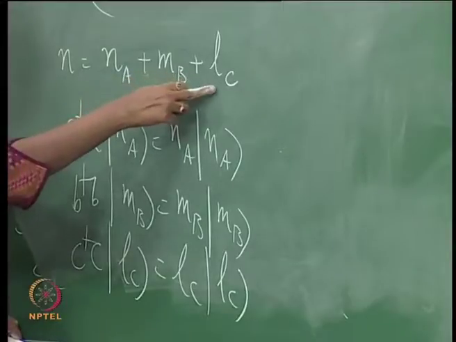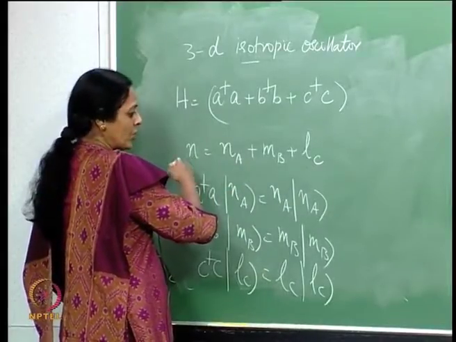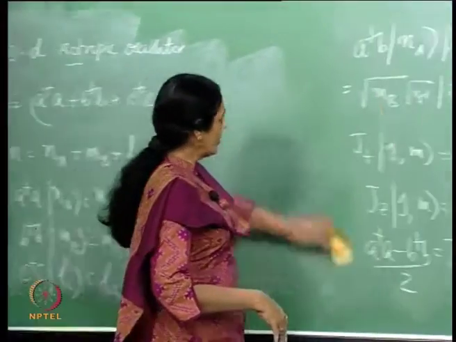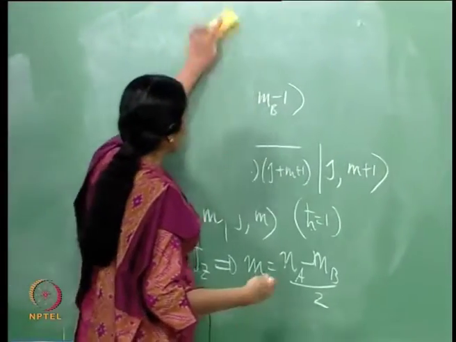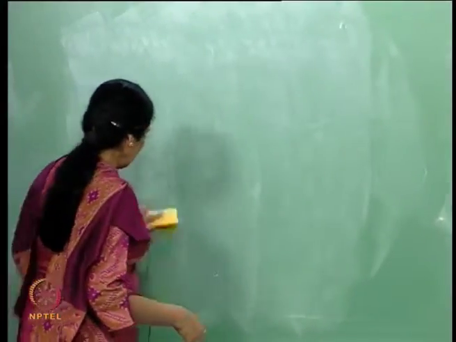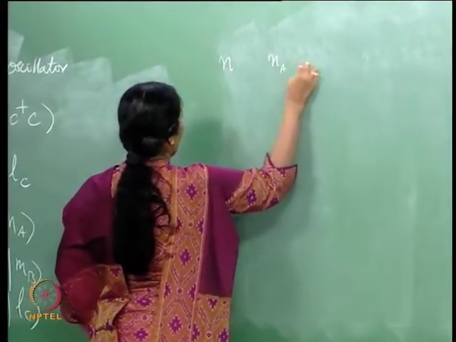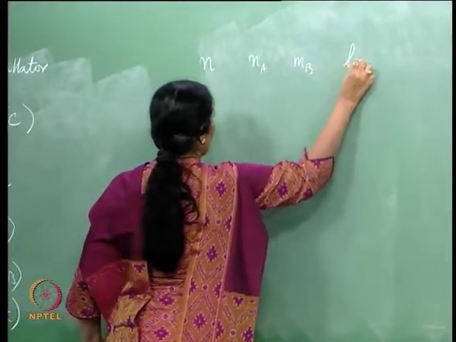Each of these could take values 0, 1, 2, 3 and so on. N also would take values 0, 1, 2, 3, and therefore, we make a table in the case of the three-dimensional oscillator. I have N, Na, Mb, Lc.